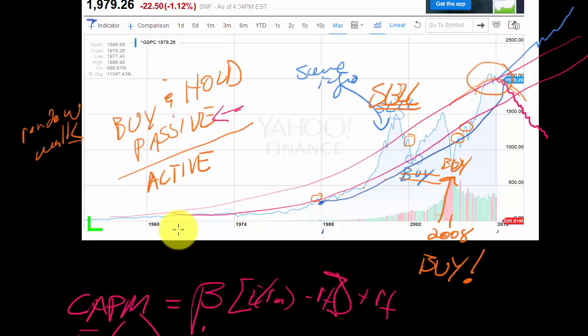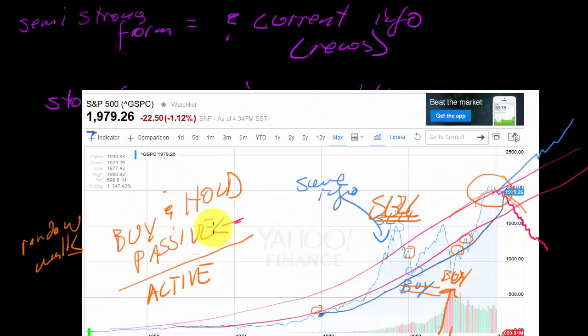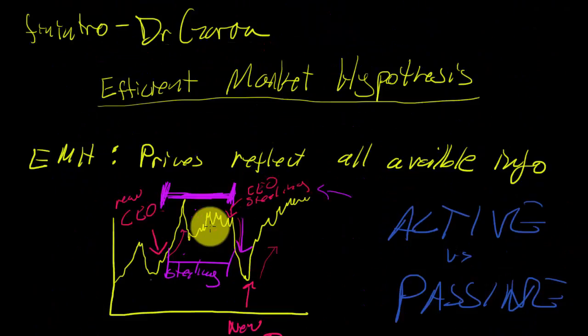So you may have figured it out, but you can't use it because as soon as you start making money off of it, everybody else jumps on board and you eliminate your advantage. As such, many investment professionals will encourage you to do the buy and hold or the passive strategy. And all of that is based off of the efficient market hypothesis.